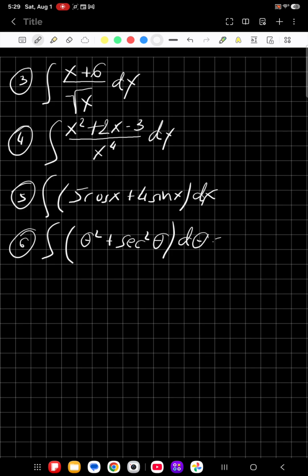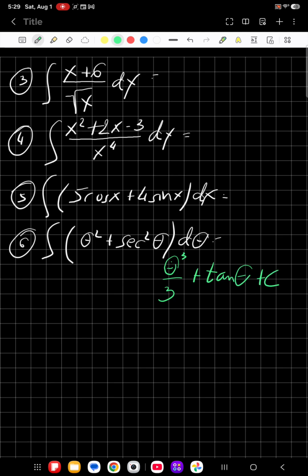Okay. So try these problems and see if you get the same solutions as I did. Show work as usual if there is any other work involved. So the solution for the last one is theta to the 3rd power over 3 plus tangent theta plus c.